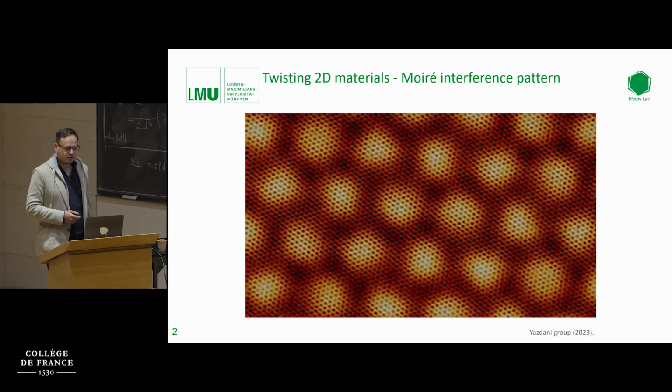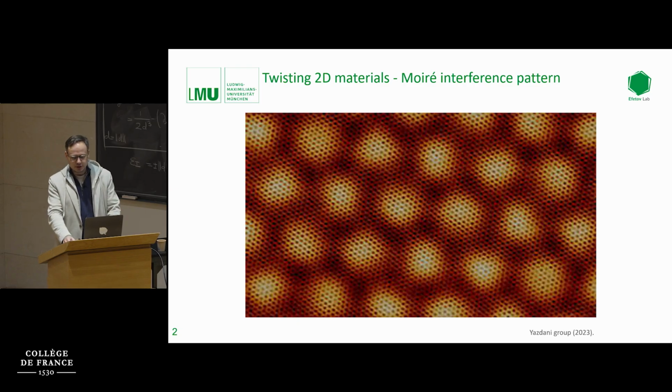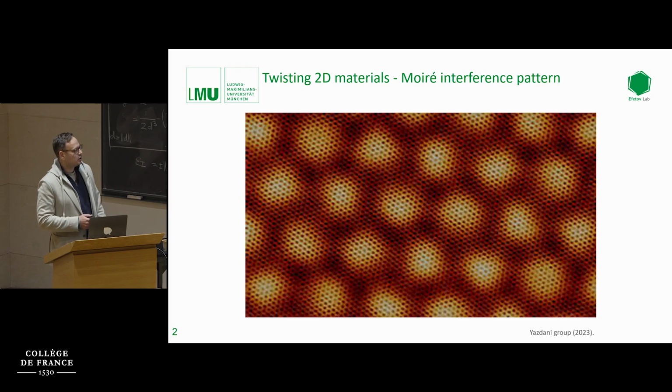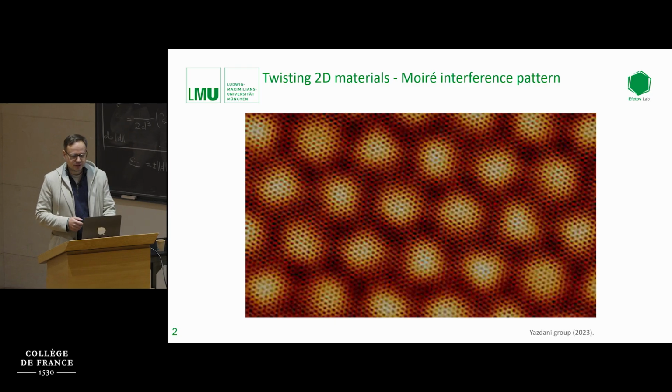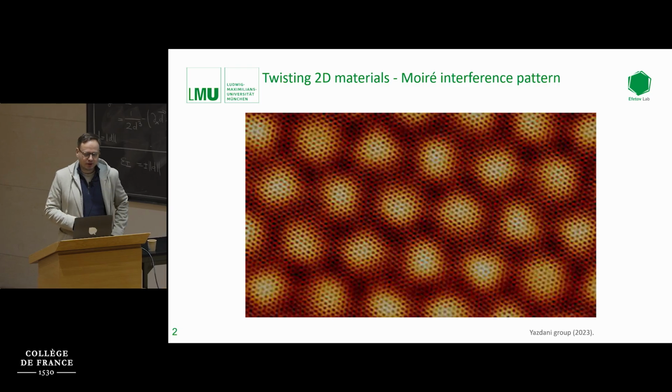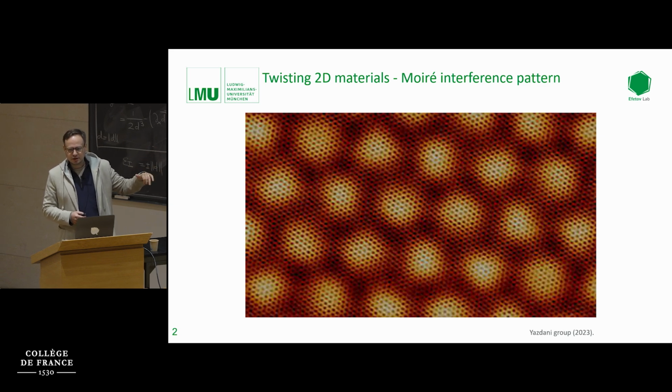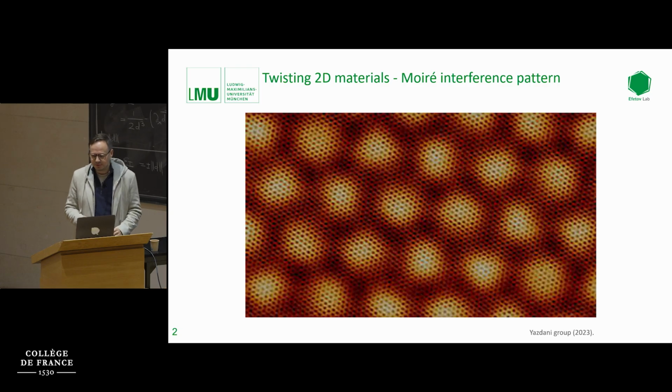But those two graphene layers form this interference pattern, which you see as a larger-scale periodicity arising. This gives, for example, a very large density of states in these larger unit cells, as you can see here, resolved by STM. Overall, I will try to convince you that this Moiré superpotential has very strong implications on the electronic band structure of the material and also on its topology.